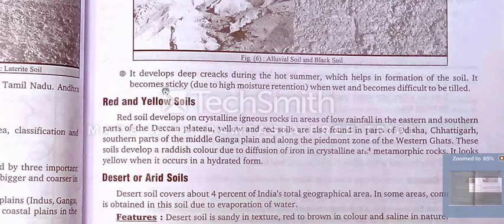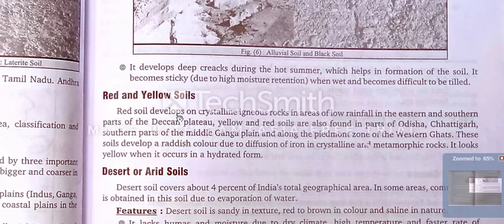It becomes more sticky when wet, when there is moisture, and it is very difficult to till. What is the meaning of tilled? Tilled means we can say cultivate. You can write here cultivate. It is difficult to cultivate. Write your synonym cultivate. Got it?